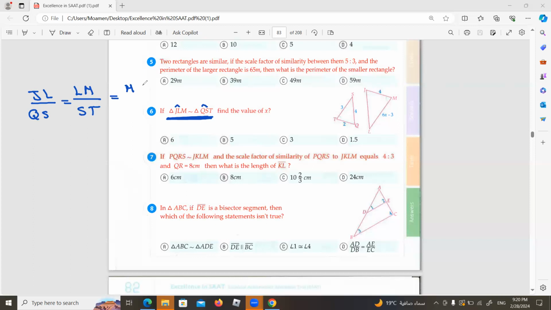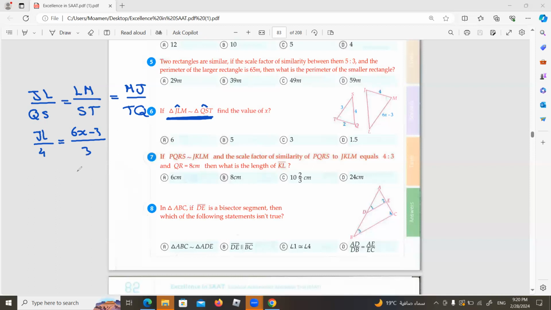So MJ over TQ equals to, substitute please. We have JL. JL is missing. Okay. And SQ is 4. So JL is missing. So I just write JL over SQ is 4. Equal LM. LM is 6x minus 3 over ST. ST is 3.